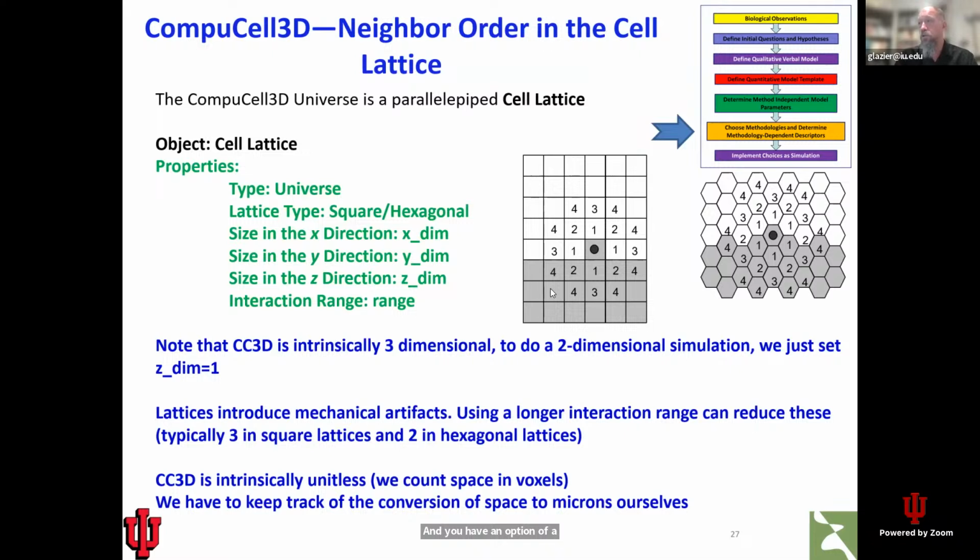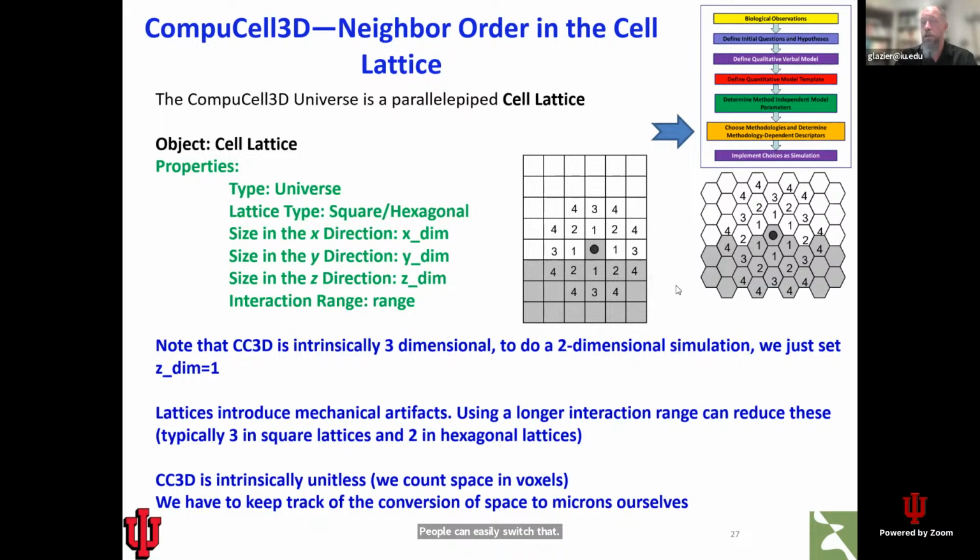Actually, using simulations on a hexagonal lattice is nicer in many ways than a square lattice. But it's a little more complicated to think about things, so we're going to typically do exercises here in a square lattice. People can easily switch that in the XML if they want to explore the difference.